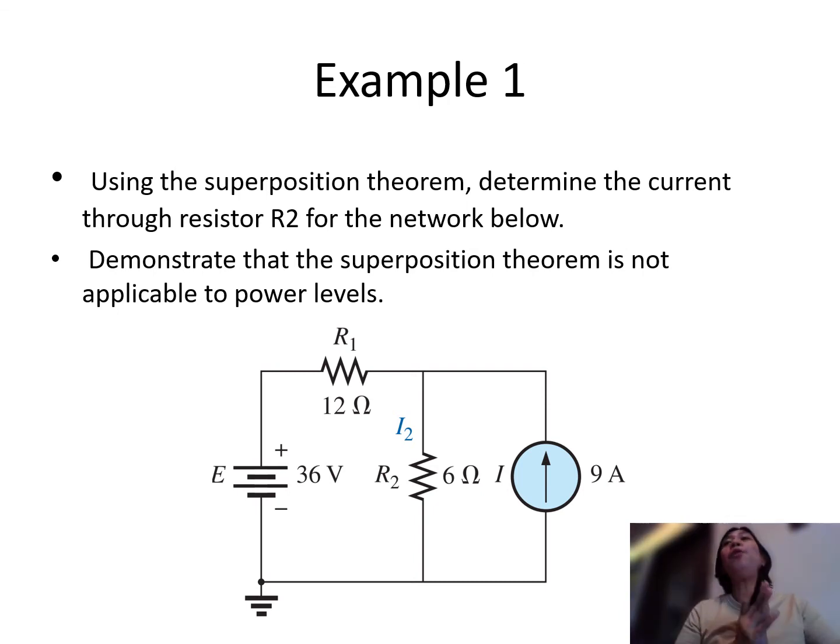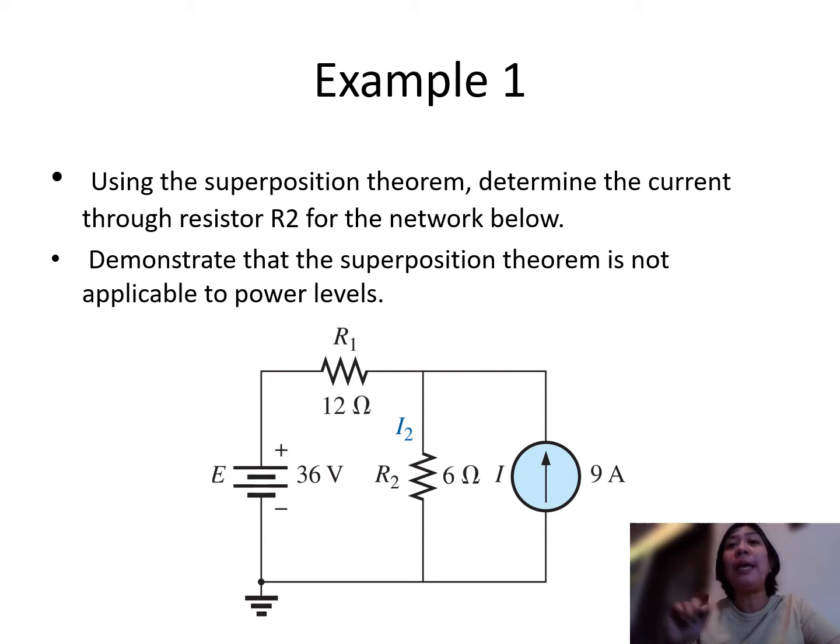Okay, so how are we going to do this? In this example, we have two sources: a voltage source here and a current source here. What we are going to do is solve for this I2 using the voltage source alone first, followed by the current source alone.